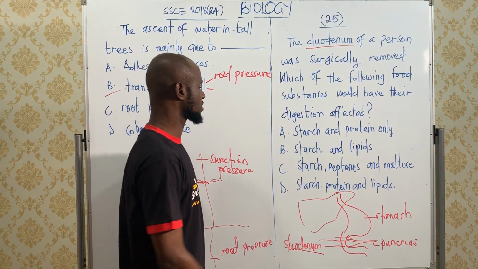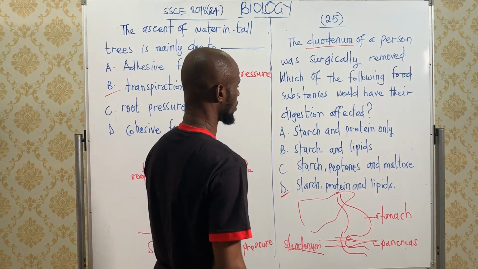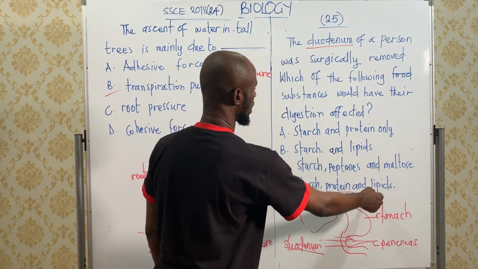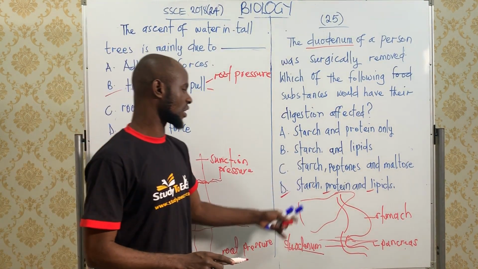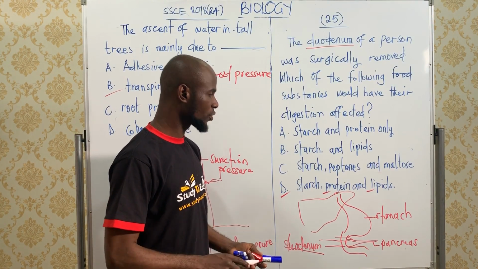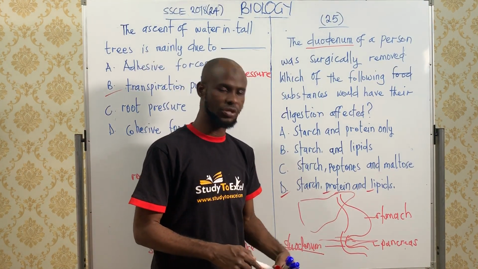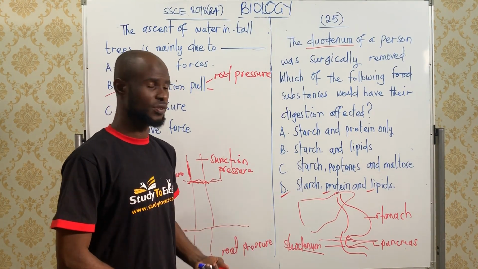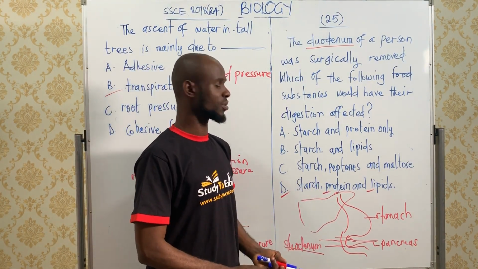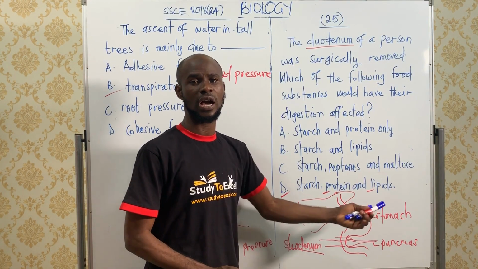We have the starch, the protein, and the lipids there. The amylase will act on starch, the protease will act on protein, and the lipase is going to act on lipids.